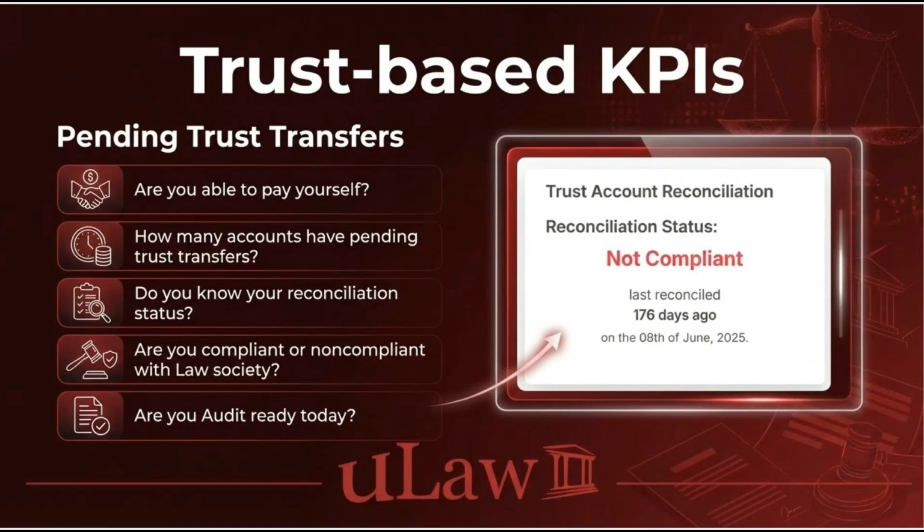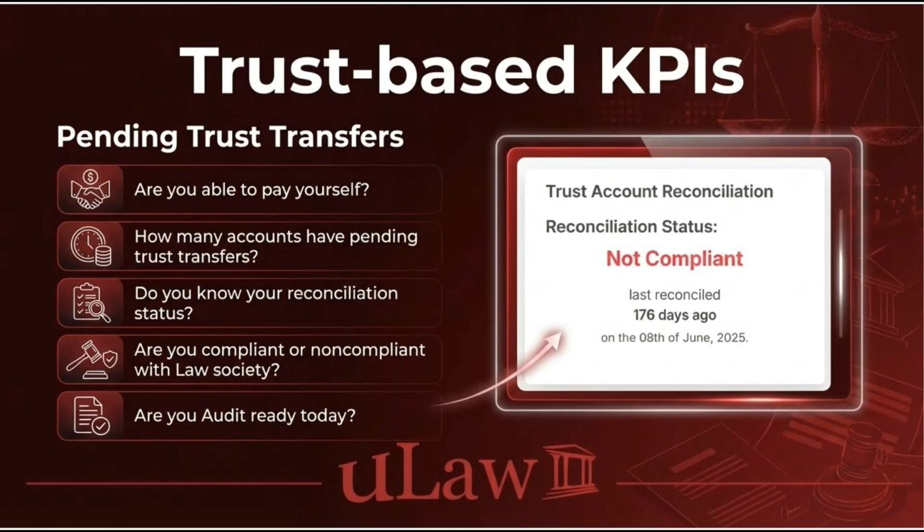So simply understand your reconciliation status: whether you have reconciled your books, when you last reconciled your books, and definitely anything more than a month. Let's say, for example, as of today, if someone has not reconciled their April, they're considered out of compliance.